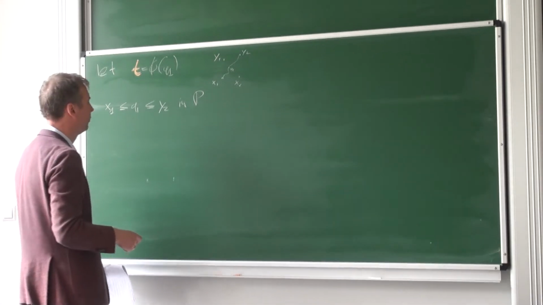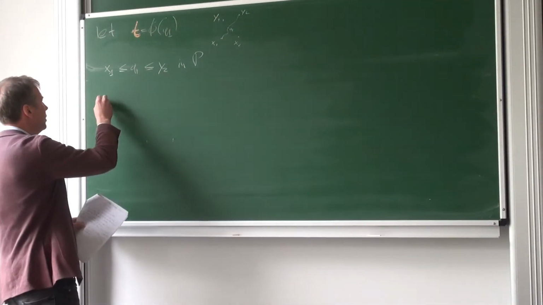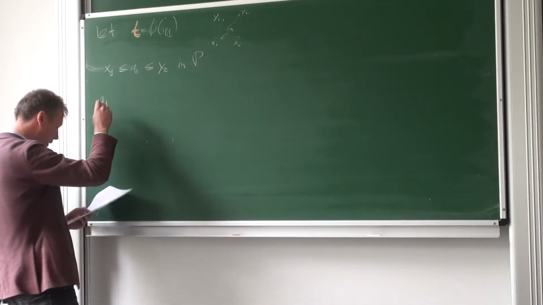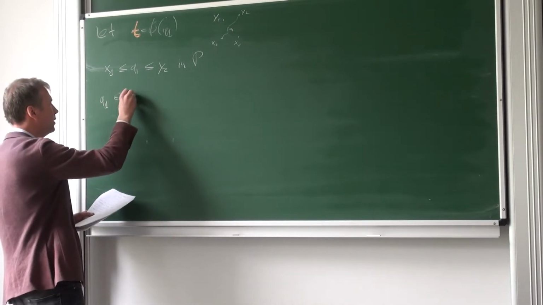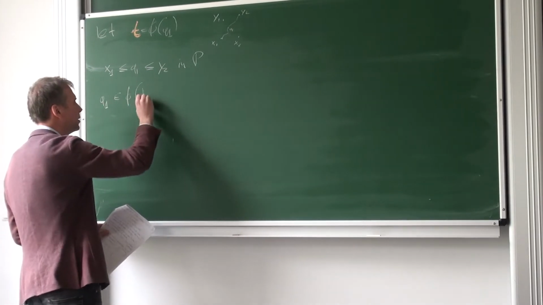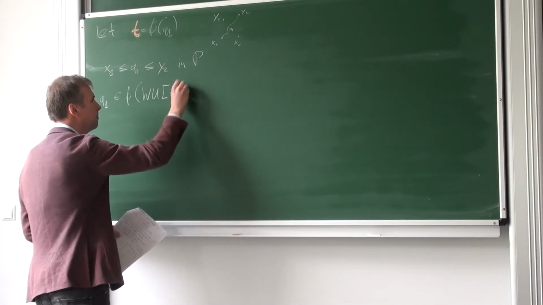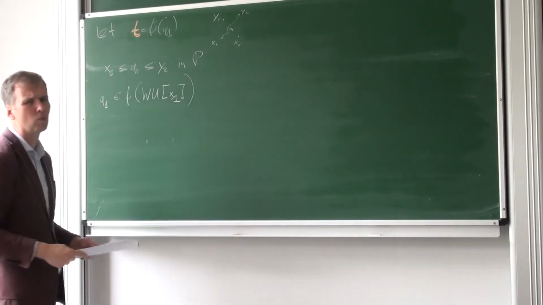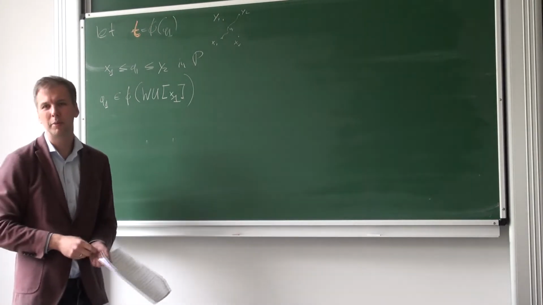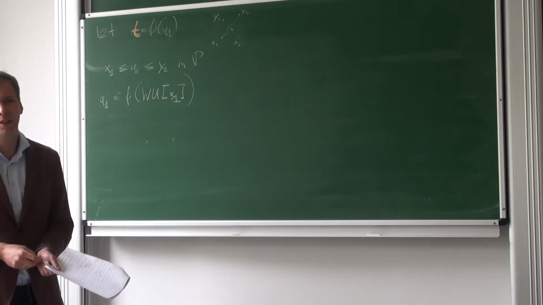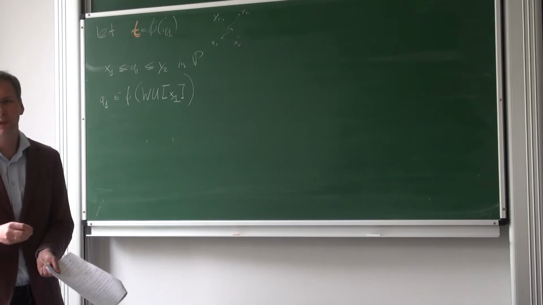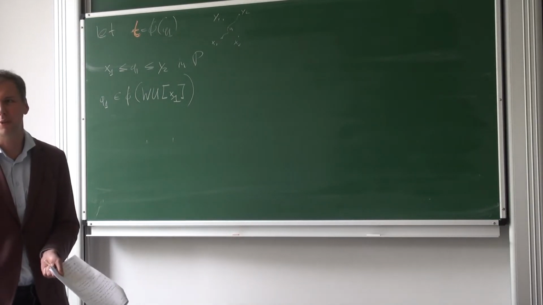So, what else do we know? I want to say that Q1 is in the colors of the weak upset of x1. Yeah, because it's in the upset and it's leftmost on some path starting from x1.